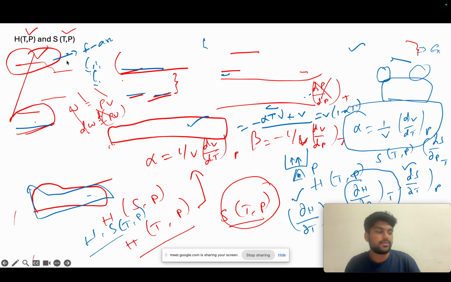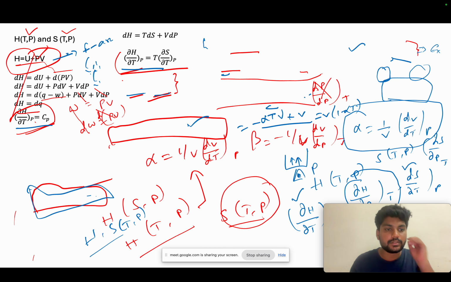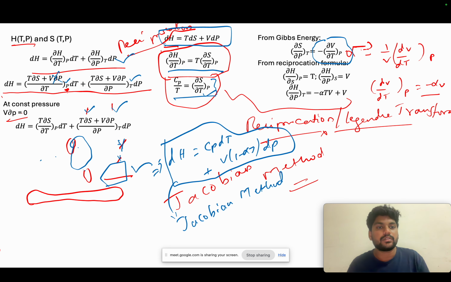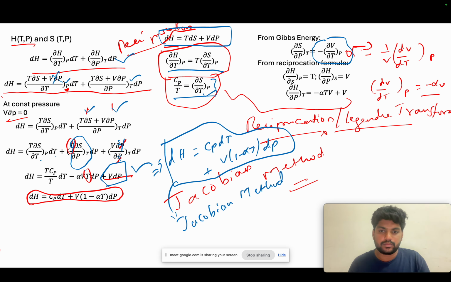Suppose I want to find enthalpy and entropy, h of T comma P and s of T comma P. The Jacobian is written in this format.